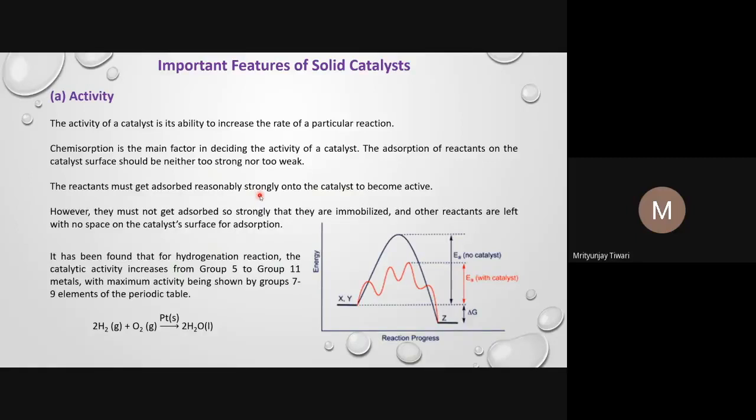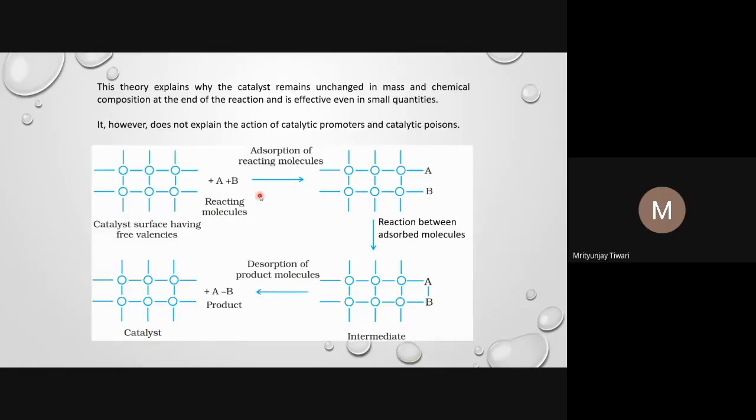And if they get adsorbed, what happens? Some chemical bond formation will happen. Some other chemical bonds that were there in this reactant will become weaker, and those weaker bonds are now available for the next reaction to happen. This was a molecule in which all the valencies were complete; this was a catalyst, and its valencies were not complete here, there were three valencies.